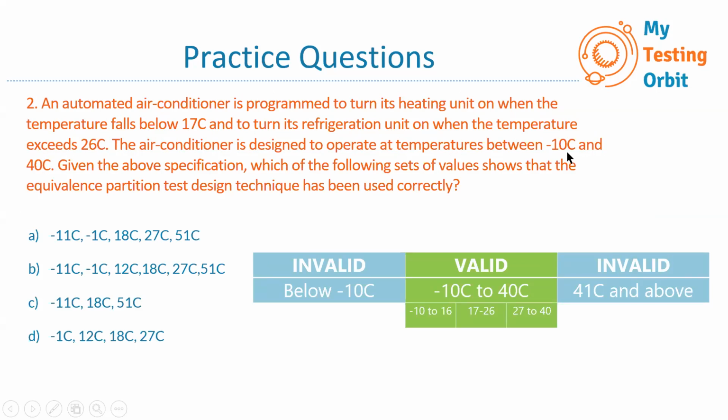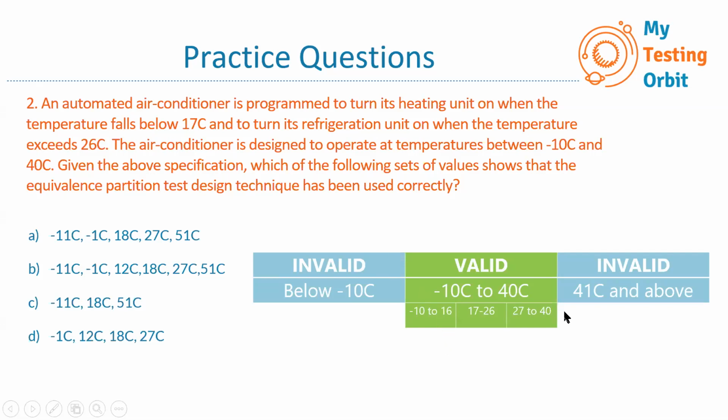So we have got our valid range, which is -10°C to 40°C. Given the above specification, which of the following sets of values shows that the equivalence partition test design technique has been correctly used? Okay, so we have our valid range, and then based on this data, the heating unit is on when the temperature falls below 17.